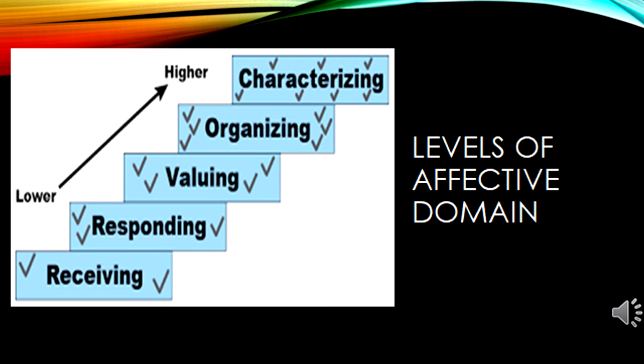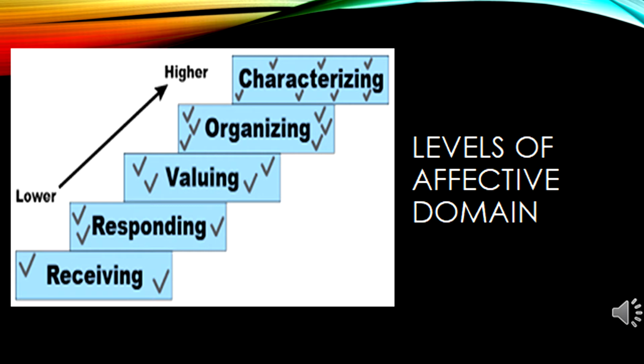Next, I will go to the levels of the affective domain. The affective domain has 5 levels, from the lower level to the higher level. The first level is receiving, second is responding, third is valuing, fourth is organizing, and the last one is characterizing.